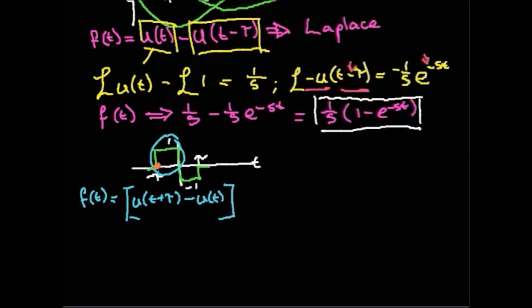So that's the function u of t minus tau, and it's 1. So it's a 1 in front of that. So it gets switched on just here, and it gets switched off at this point here. So that's the switch off point just there, and that is minus u of t.